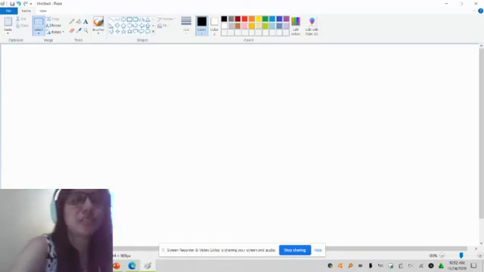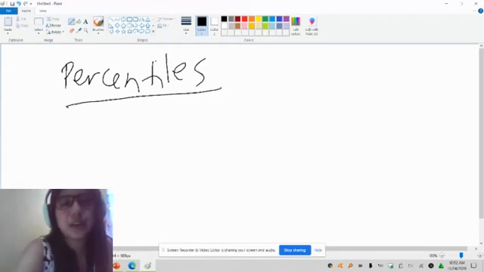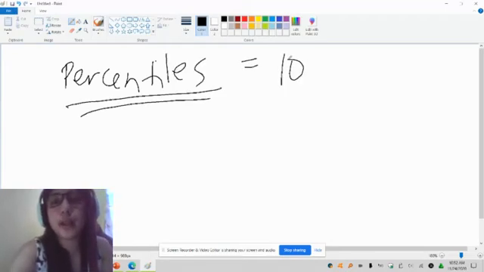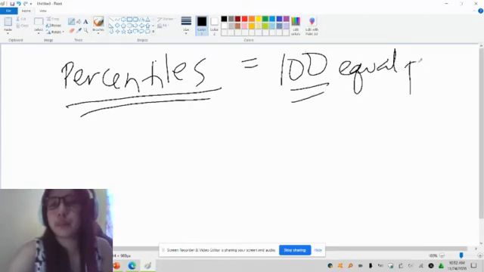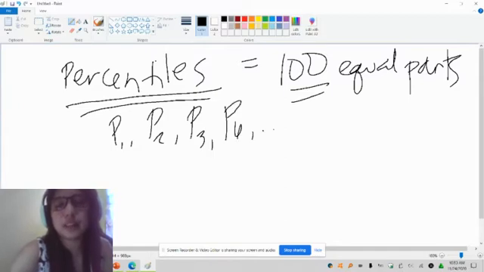So let us also consider percentiles. For percentiles, this is dividing the distribution into 100 equal parts. Which means we have P sub 1, P sub 2, P sub 3, P sub 4 until P sub 100.